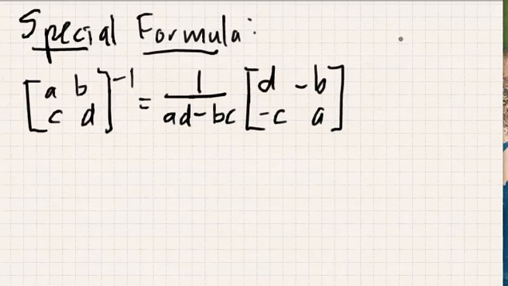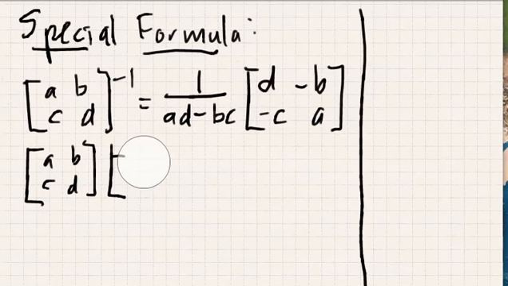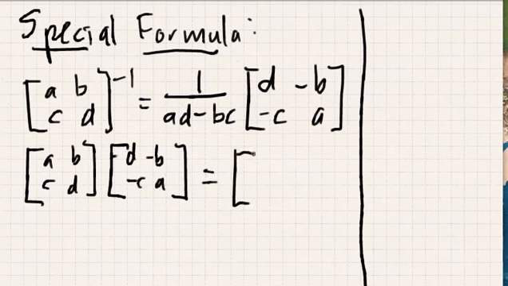Let me just verify that this works. A, B, C, D, let's multiply this by this guy on the right without worrying about the scalar in front. So if I multiply this by D, negative B, negative C, A, what do I get?